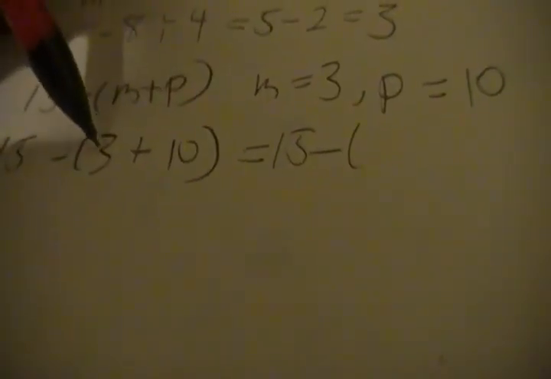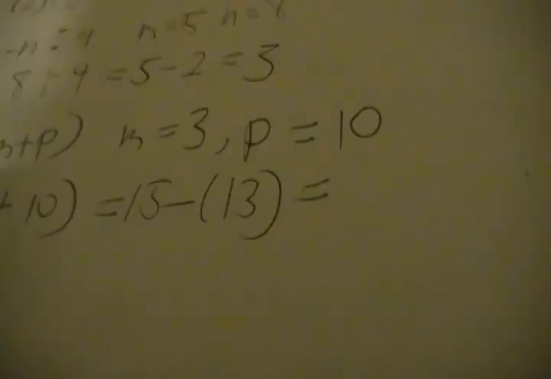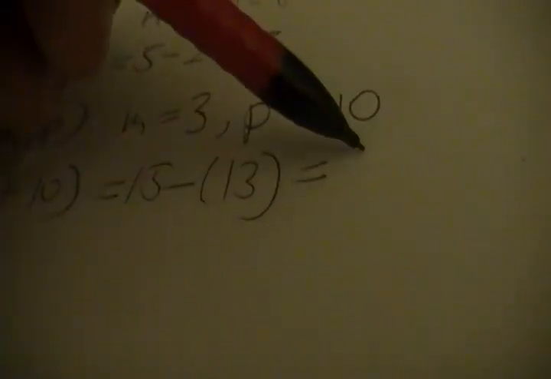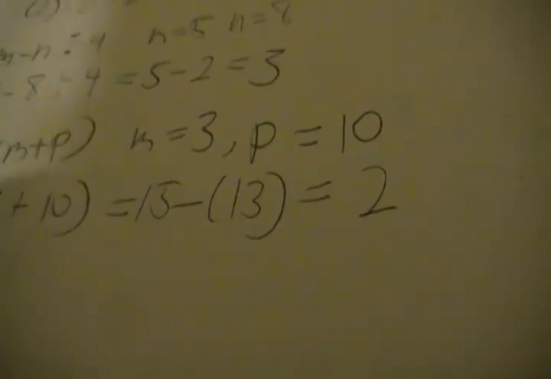Let's plug in the numbers. 15 minus m is 3 plus p, which is equal to 10. Now according to the order of operations, the parentheses come first. So it's equal to 15 minus, now what's in the parentheses? 3 plus 10, which is equal to 13. So now what we have here is 15 minus 13. So 15 minus 13 is equal to 2.